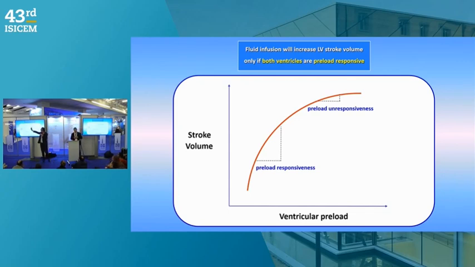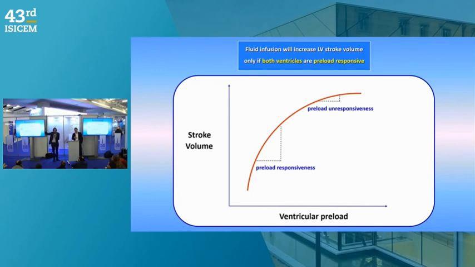Because when a patient is fluid unresponsive or only a little bit fluid responsive, the patient is on this part of the curve, and there is no or little increase in cardiac output, but there is a risk of increase in the filling pressures of the ventricles. The left ventricular filling pressure for the left ventricle and the right ventricular filling pressure for the right ventricle.